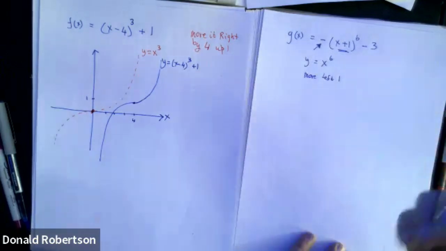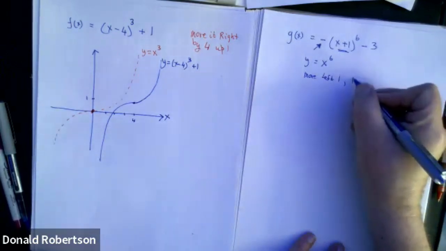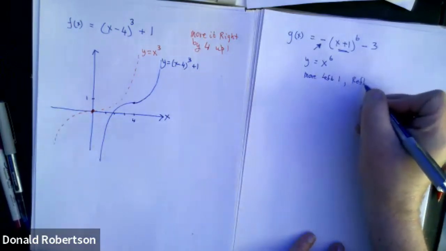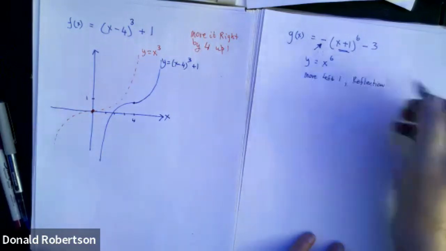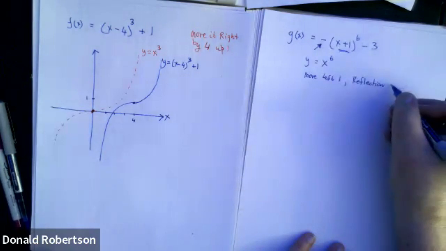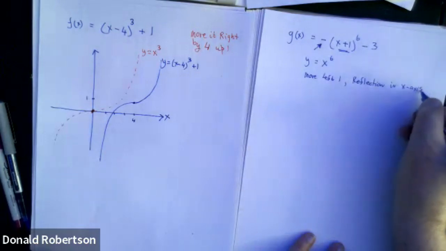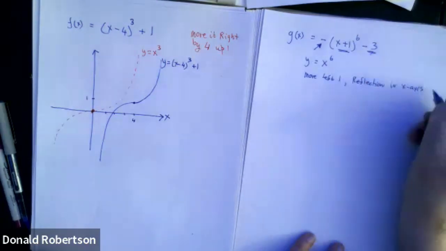And that is what I call a negative on the outside. And we know that when you see negatives, it involves some type of reflection. And hopefully you'll recognize that when the negative is on the outside, it is a reflection in the x-axis. And then finally, this piece.